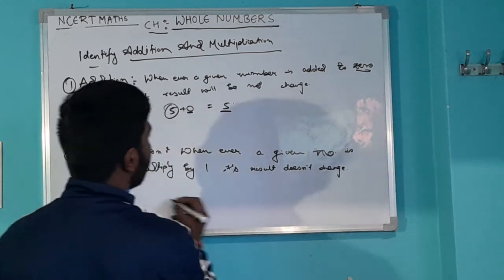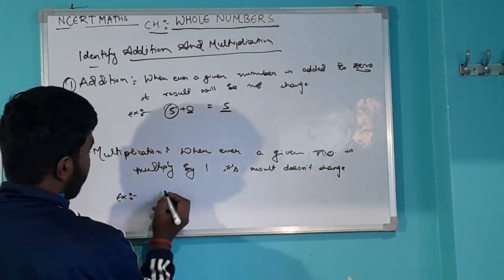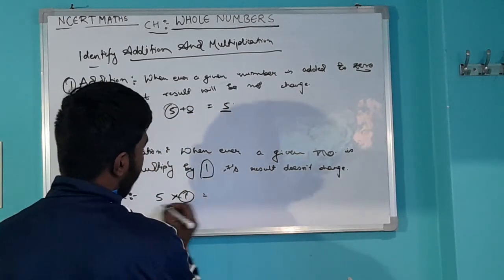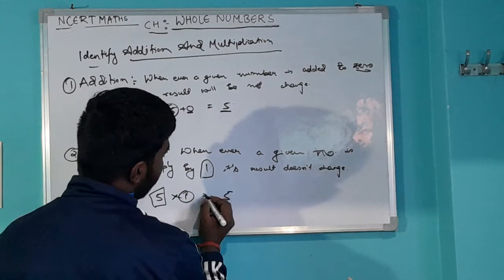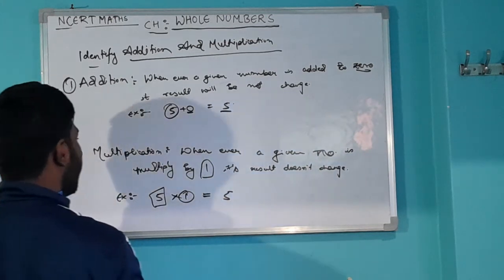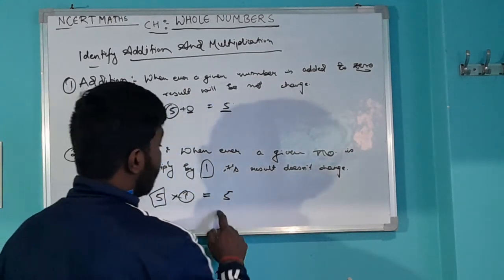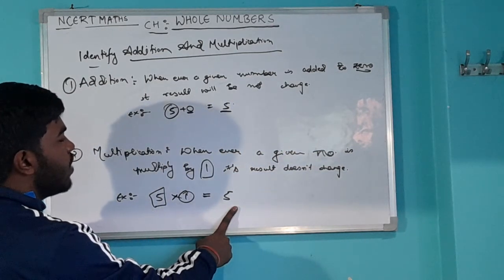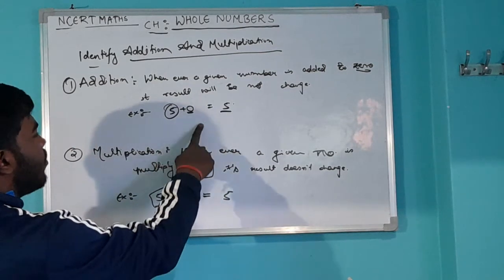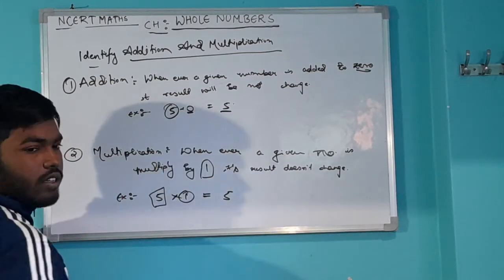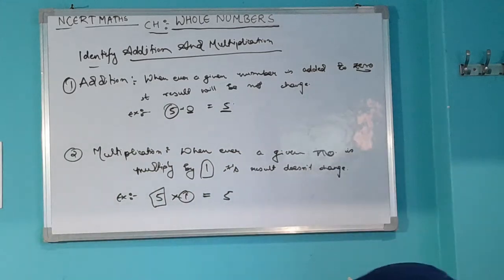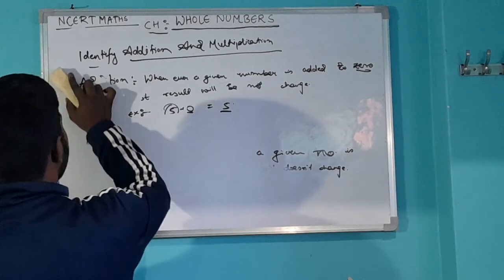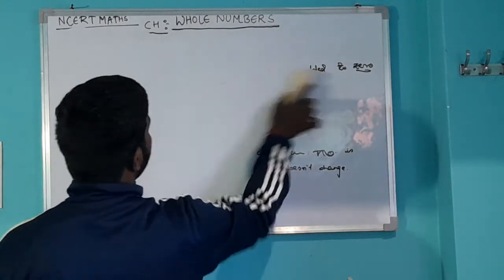As an example, we have 5. When we multiply it by 1, we again get 5. So this is the identification of multiplication. Whenever we multiply by 1, our given number doesn't change its value. And the same as addition, whenever we add 0 to our given number, the result will never change. So let's try some examples related to the distributive property.